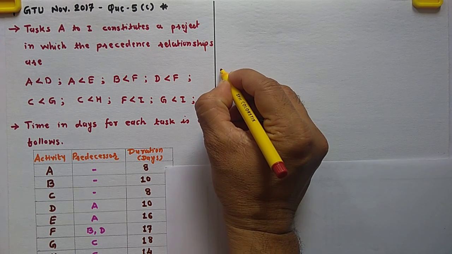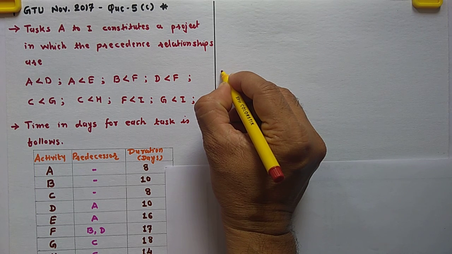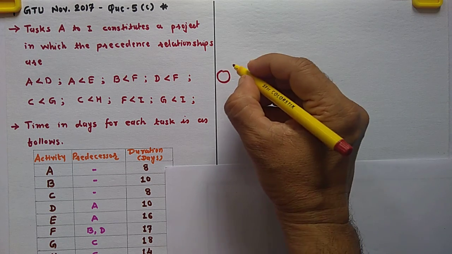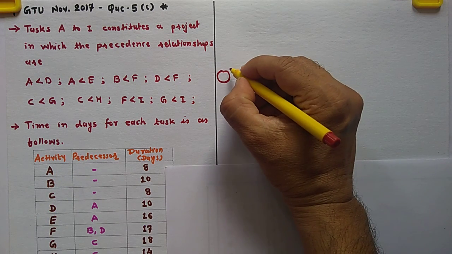This is the first event from which activities A, B and C can be started.